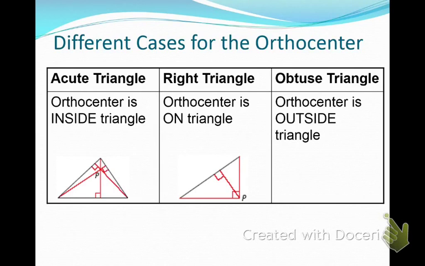It's actually at the vertex where the right angle is. And then in an obtuse triangle, the orthocenter would be outside the triangle.